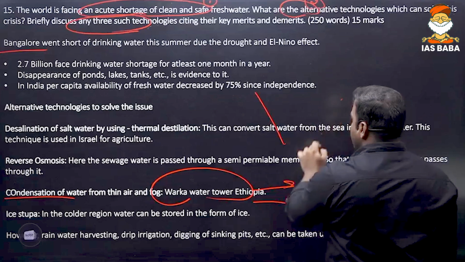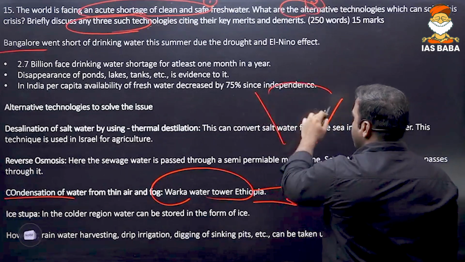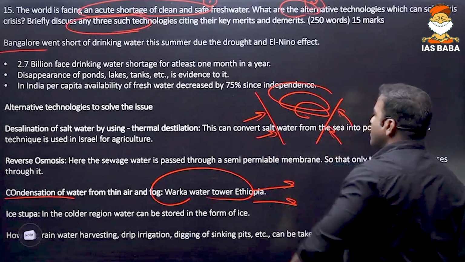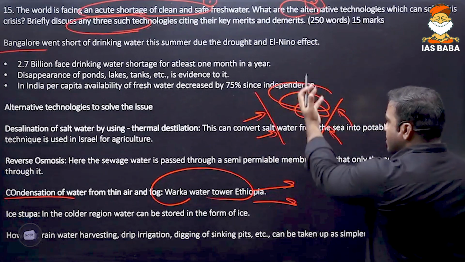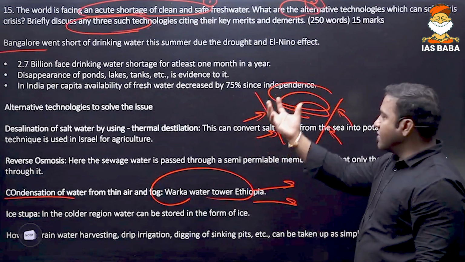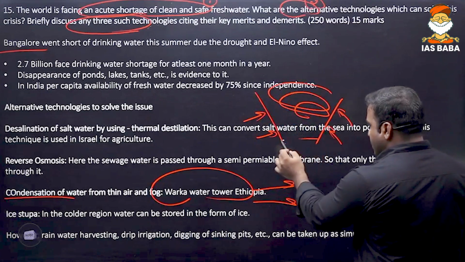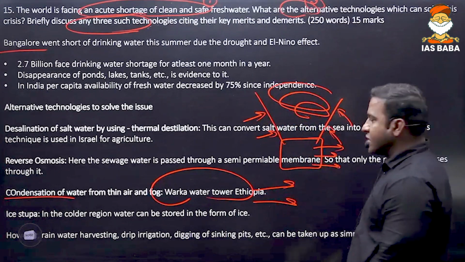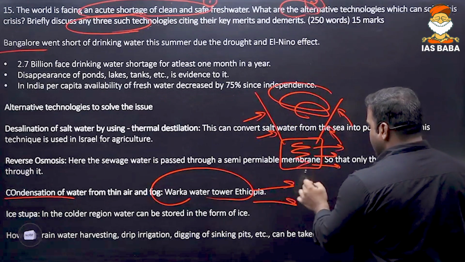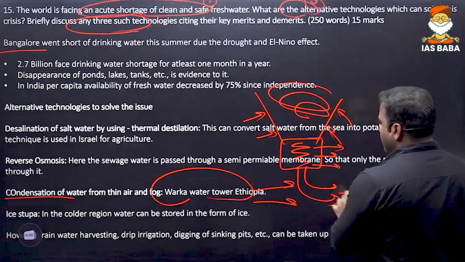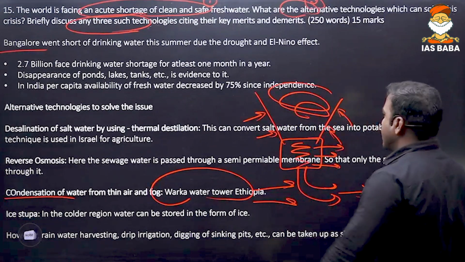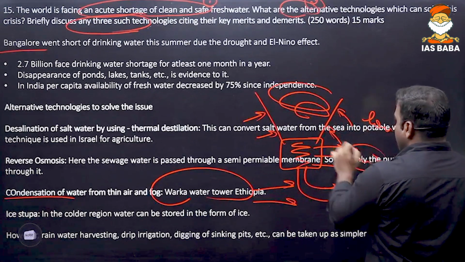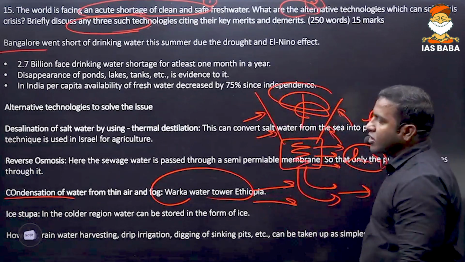There is a tower, and you reduce the temperature so that the fog comes and settles down, and as it comes down, increase the pressure so that it condenses and you can extract water. Draw some schematic diagrams like this. Low temperature, high pressure, so that the fog settles down and condenses.